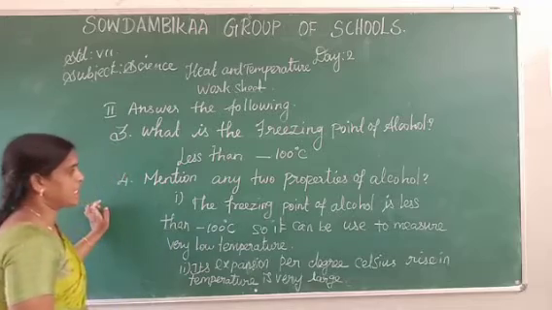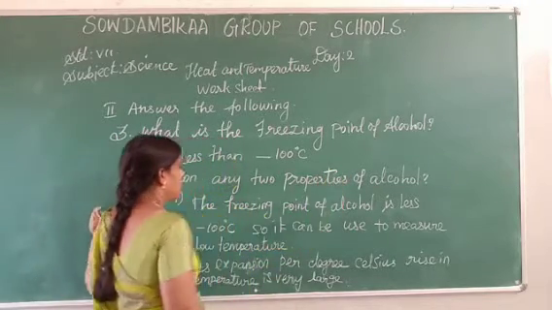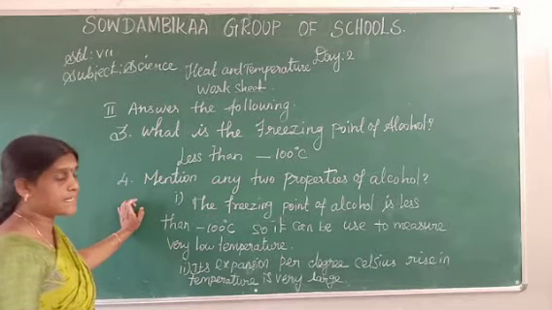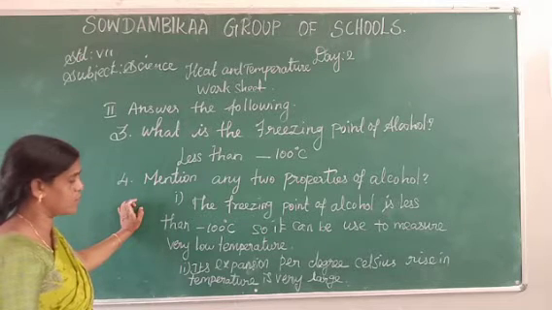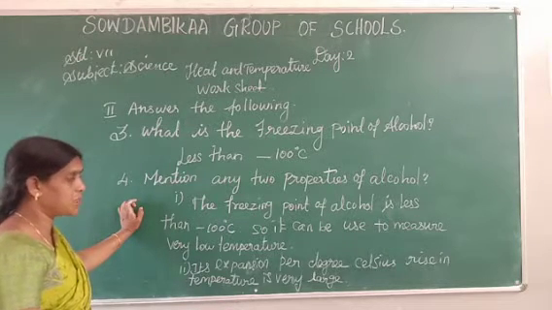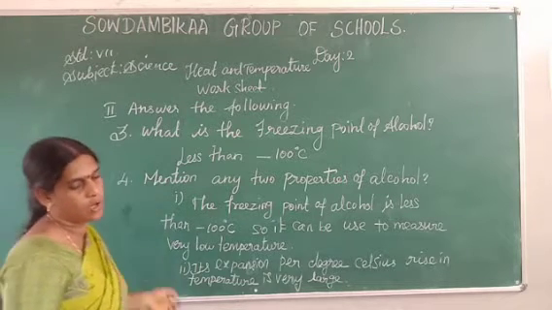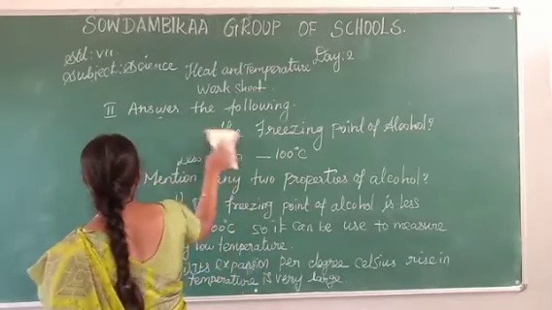Okay. Mention any two properties of alcohol. So the freezing point of alcohol is less than minus 100 degrees Celsius, so it can be used to measure very low temperature also. Its expansion per degree Celsius rise in temperature is very large. Yes, all are clear? Next we move to the fifth question.